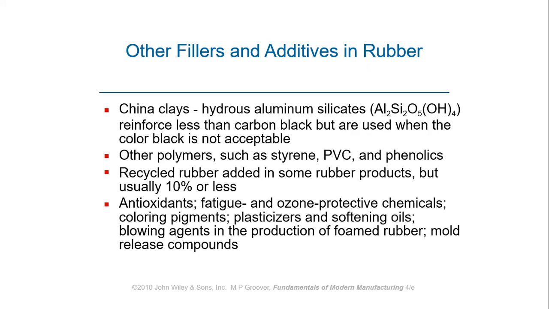And other polymers can also be used as fillers, such as styrene, PVC, or phenolics, that can be incorporated with the rubber to modify its properties. And sometimes recycled rubber is also used in rubber products to consume the recycled products and facilitate recycling.